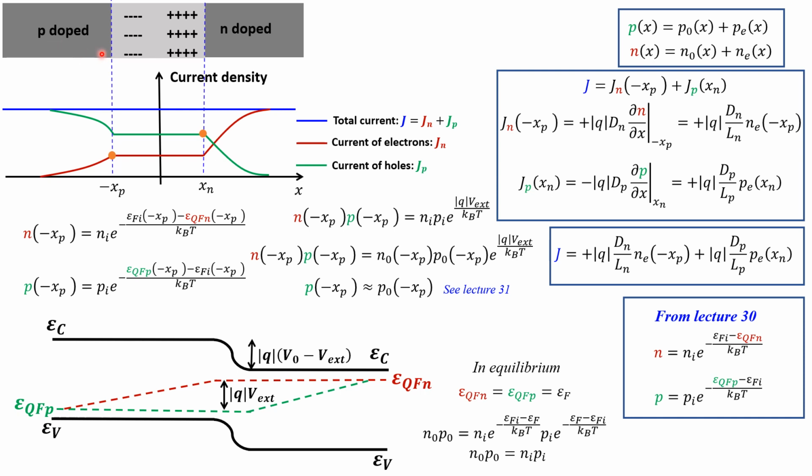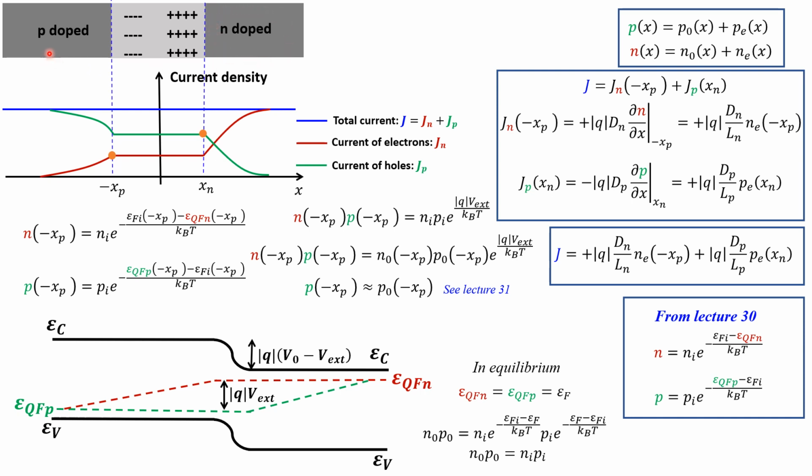And these two concentrations are almost identical, because as we discussed in lecture 31, when the system is taken out of equilibrium, the concentration of holes in the p-doped region does not change significantly because this concentration is very high. The same happens also in the n-doped region for electrons.